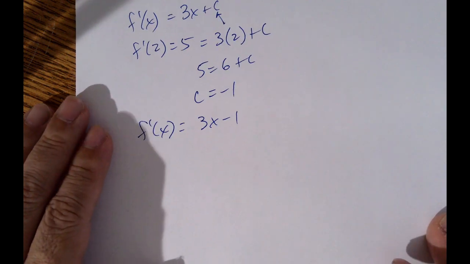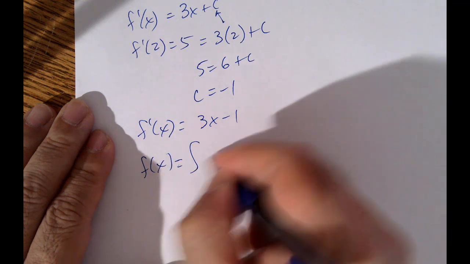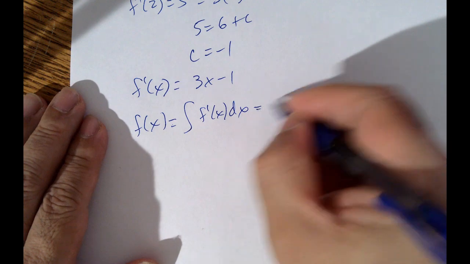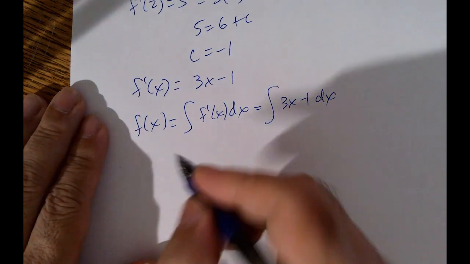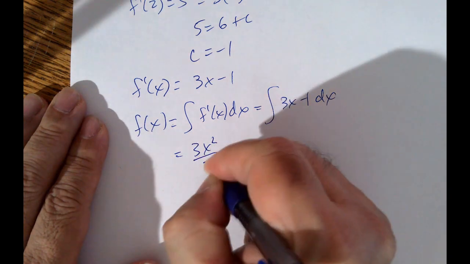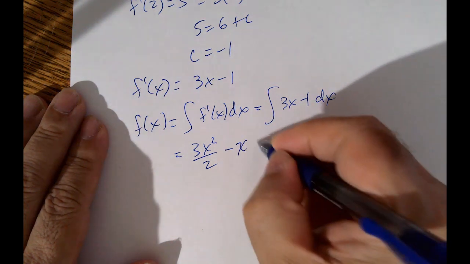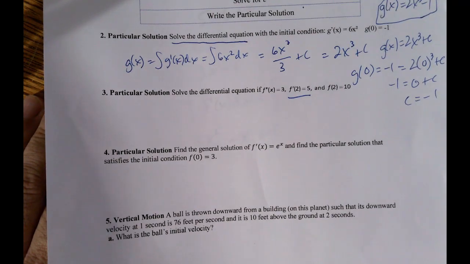Now, we want f of x. f of x is the integral of f prime of x. So that means we're going to integrate 3x minus 1. So when we integrate that, we get 3x squared over 2 minus x plus c. And they give us another condition to solve for c. It's here. f of 2 equals 10.